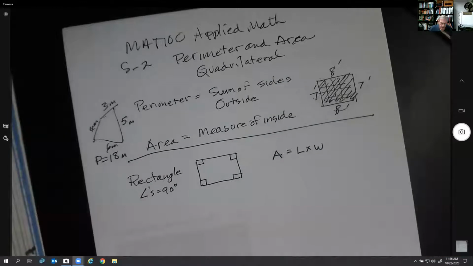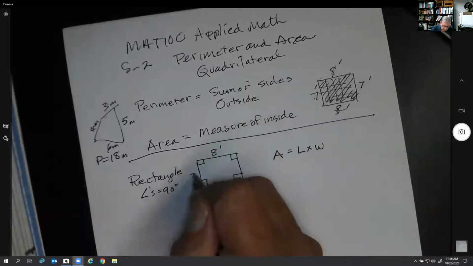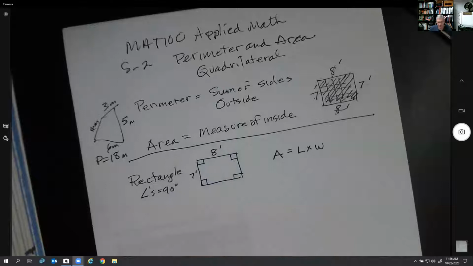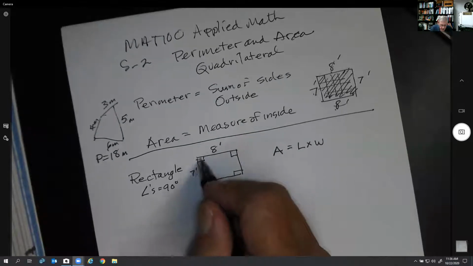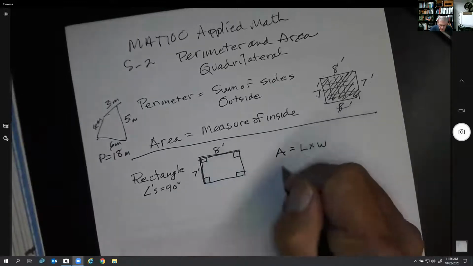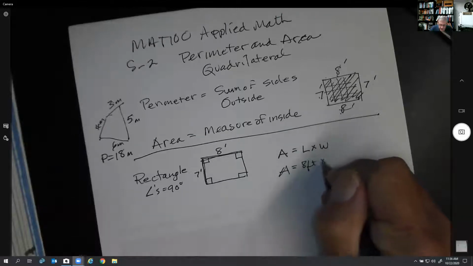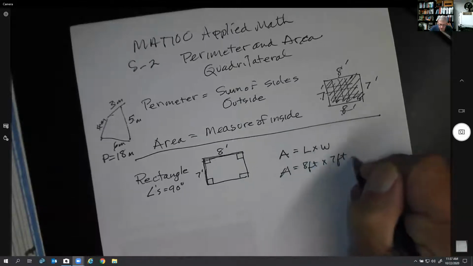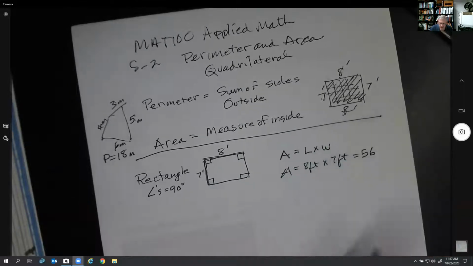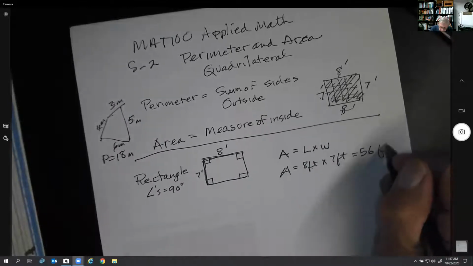So if we know the length, let's take that 8 and 7, 8 feet, 7 feet. If we know the length and we know the width, this would probably be the length, and this would probably be the width. We can just multiply them together. 8 feet times 7 feet would be 56, and then we have feet times feet, so we write that as feet squared.